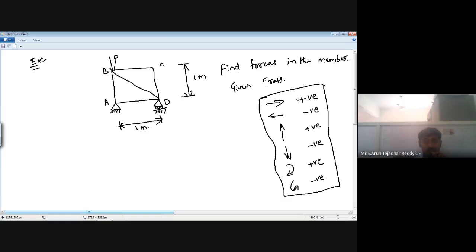Our assumption part is very important: right positive, left negative, upward positive, downward negative, clockwise positive, anti-clockwise negative.